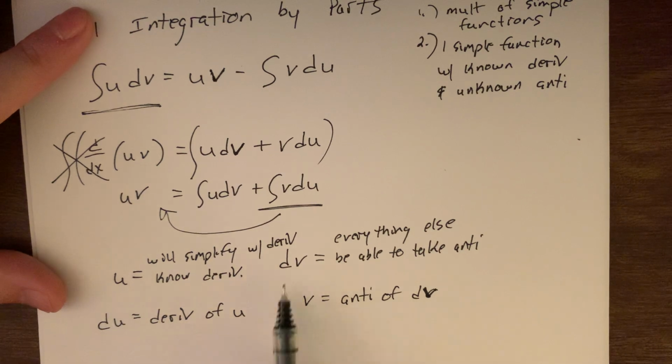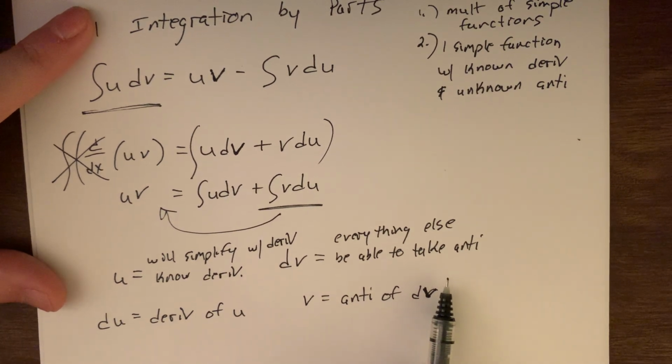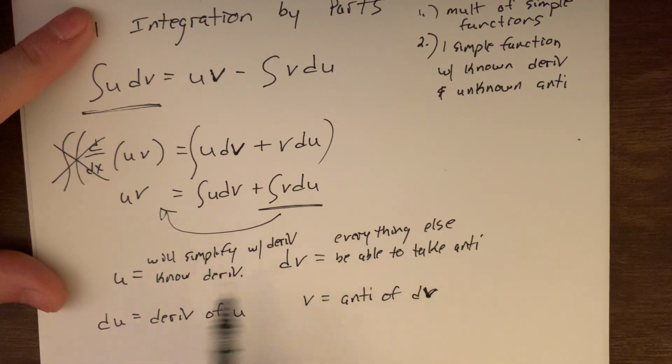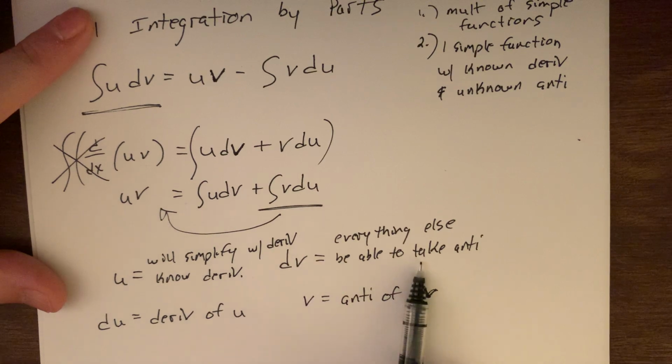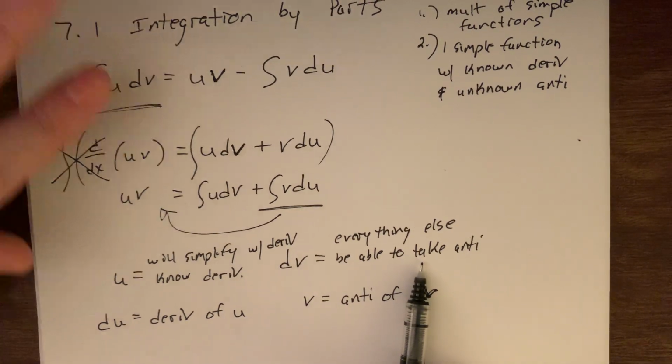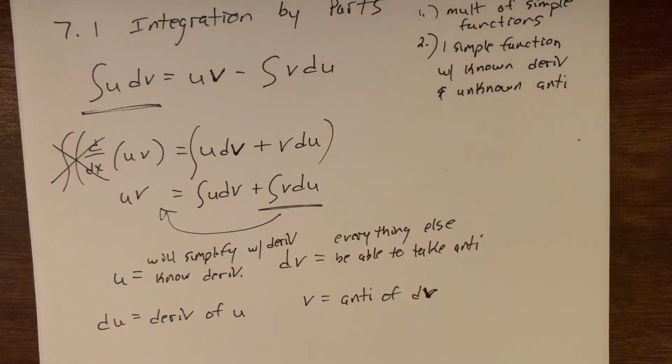U is this, dv is that. It never works out that cleanly. Believe me, if it was that clean, I would just tell you right now, you always pick u as the power of x, and dv is the leftover. But that's not always going to work. So again, we have to be flexible. So now let's jump right into our first problem.